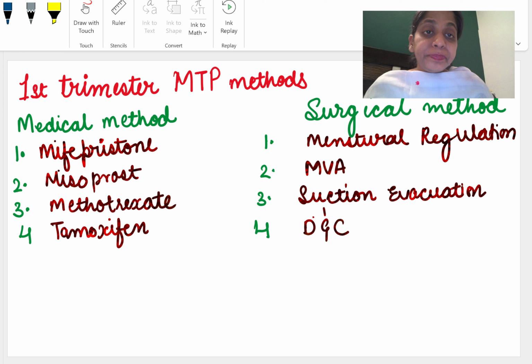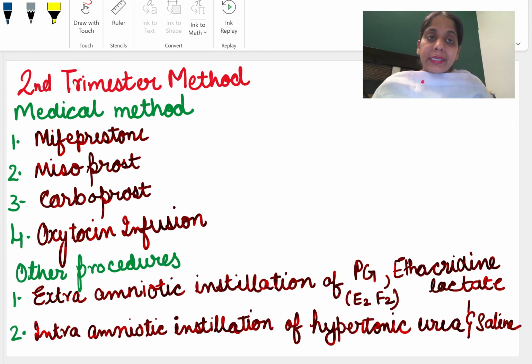Okay, and about the second trimester methods, the medical methods include mifepristone and the prostaglandins, which include both misoprostol and carboprost, and sometimes we also give oxytocin infusion after inducing with prostaglandin. The other procedures used are extra-amniotic instillation of prostaglandins, mainly E2 and F2 alpha. E2 is dinoprostone, and also ethacridine lactate.